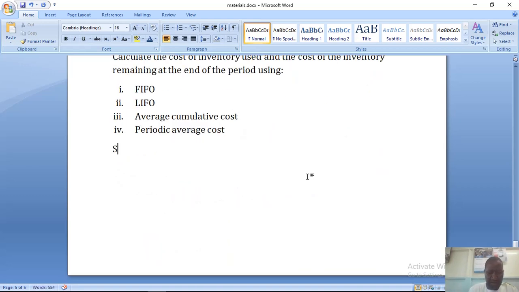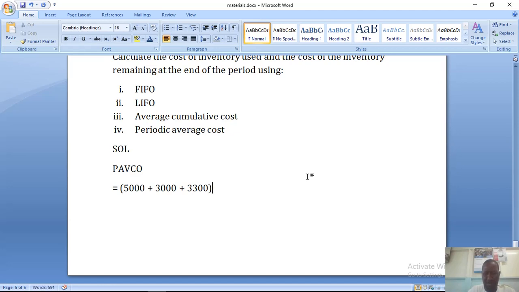So you say solution, periodic average cost equals the total value of units received. We have 5,000 coming from opening inventory plus 3,000 from inventory received on the 5th of April, then plus 3,300 from the inventory received on the 14th of April.